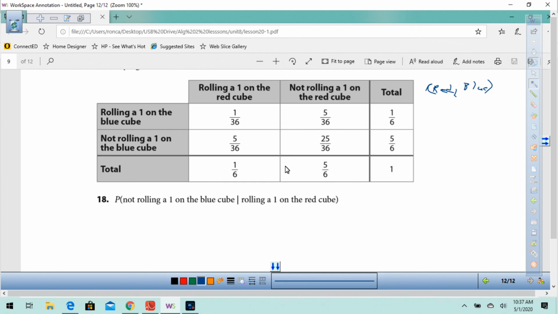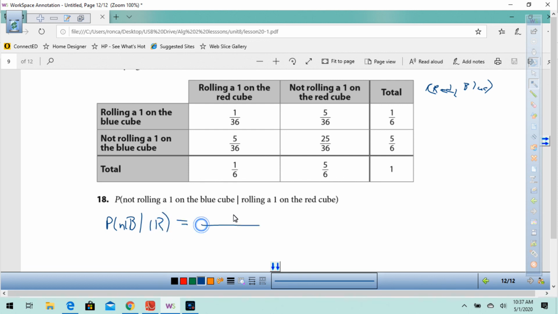Okay, so not rolling a 1 on the blue cube, given rolling a 1 on the red cube. All right, so let's see. Probability of not blue given, well, it's a 1 red.